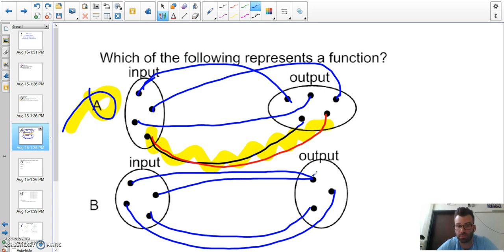This one works because each of these inputs has an output. Now you can see here that these two inputs go to the same output, but that is okay. Our outputs, or our y values, can repeat. Our x values cannot. So this would be a yes.